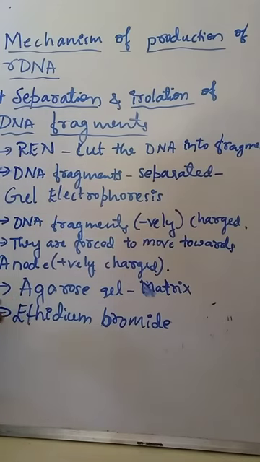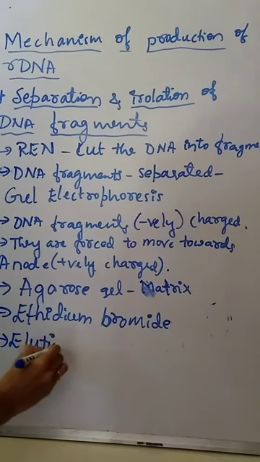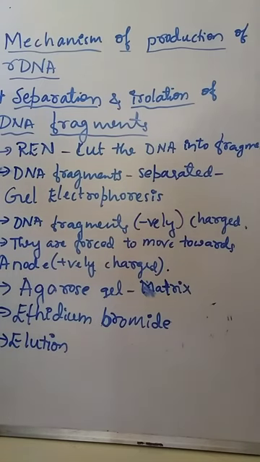That is called elution: the separation of bands of DNA from agarose gel and extraction of DNA from the gel. Thus we will obtain the DNA fragments.